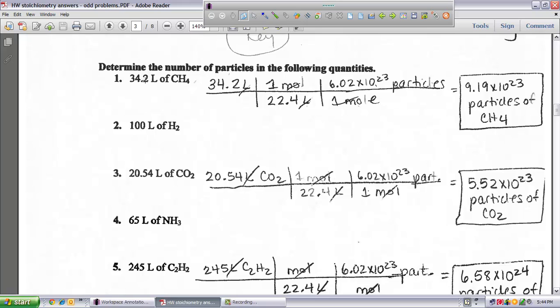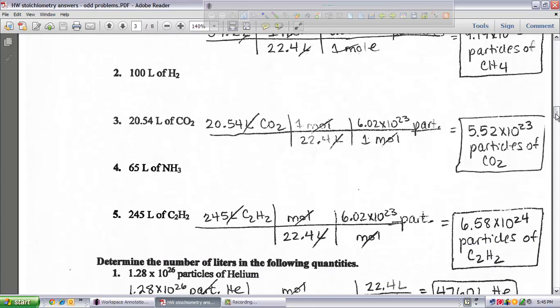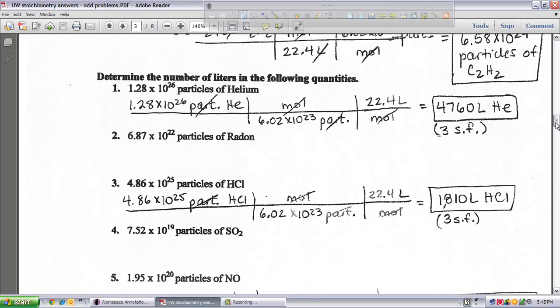That would be a huge amount. But here, you're going from liters to moles using the 22.4 liter per mole conversion, and then go from moles to particles using Avogadro's number 6.02 times 10 to the 23rd. When you multiply the numerator and divide by the denominator, this is what you would get on the right.